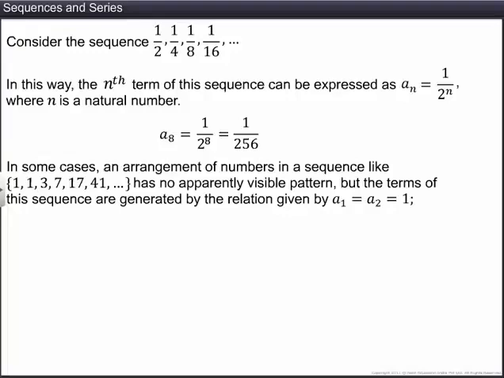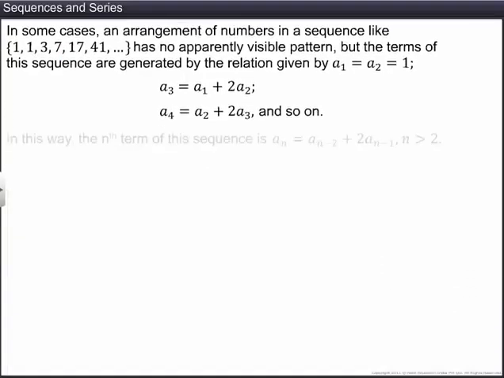But the terms of this sequence are generated by the relation given by A1 is equal to A2 is equal to 1. The third term can be obtained by adding the first term and 2 times the second term. The fourth term can be obtained by adding the second term and 2 times the third term. In this way, we can obtain the nth term of this sequence by adding the (n-2)th term and 2 times the (n-1)th term for n greater than 2.